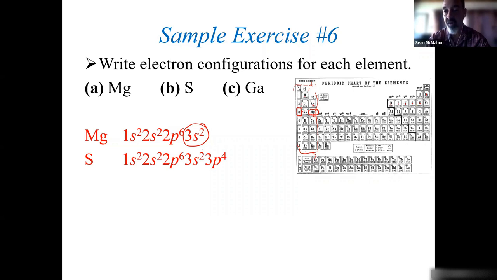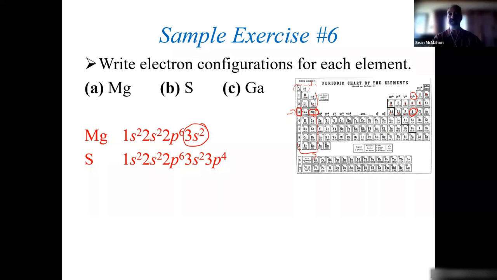If I go to sulfur, where is it? Sulfur is right here. So it's also in the 3rd energy level, but now it's no longer in the S block, it's in the P block. And what position? 1, 2, 3, 4. Now, a lot of people get confused because they see the 6A.